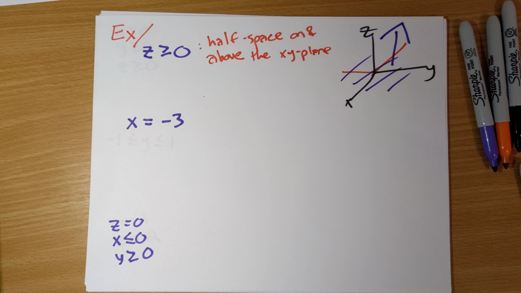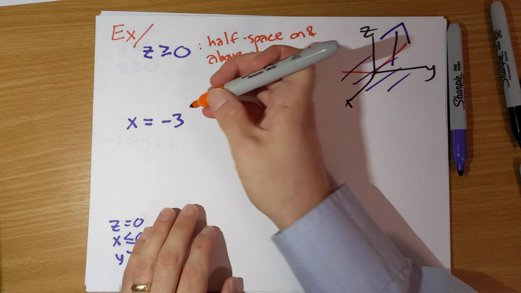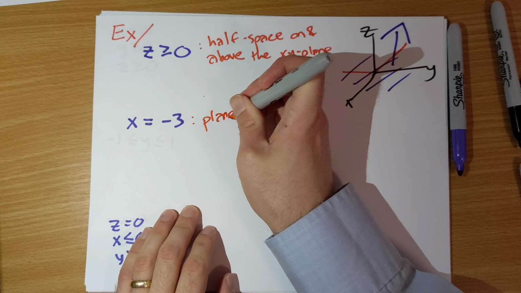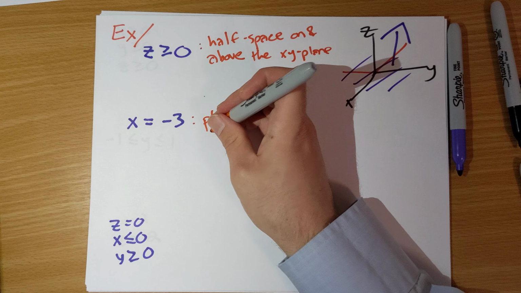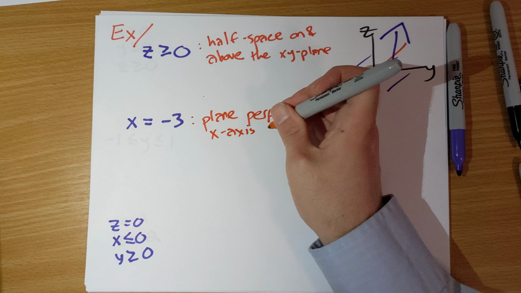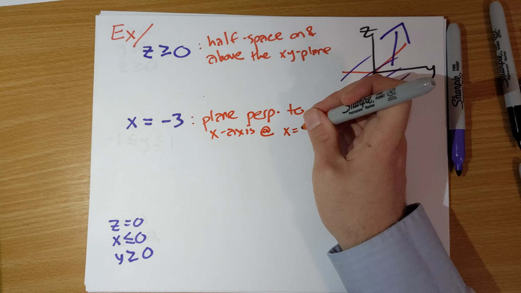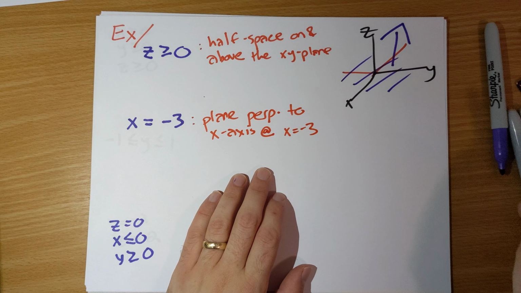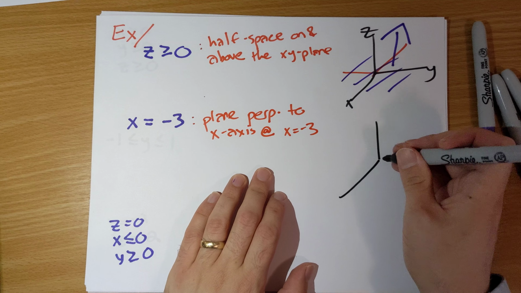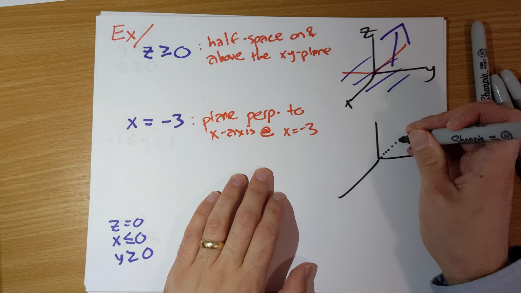x is equal to -3. So this is going to be a plane perpendicular to the x-axis at x is equal to -3. Drawing a picture of this, we need to go back here.